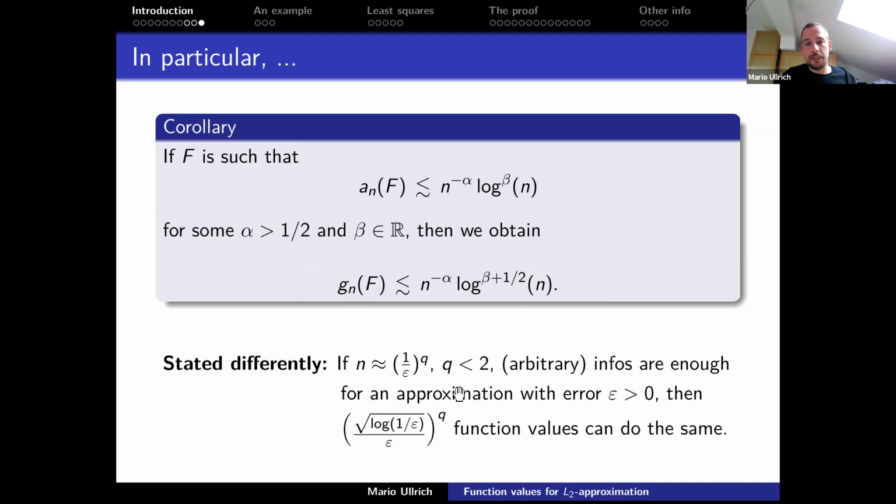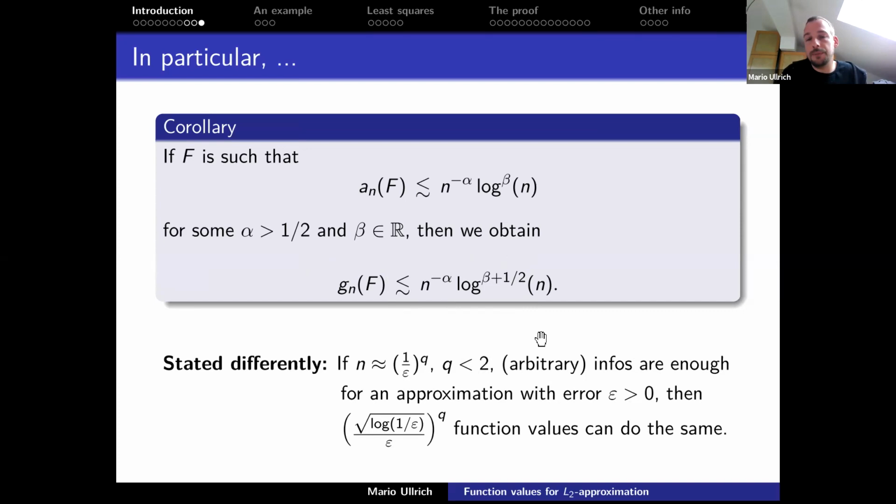Stated a little differently, if you have a problem and you know that 1/epsilon to the power q, for some q smaller than 2, arbitrary pieces of information are enough for an approximation with error epsilon, then you immediately know that square root of log 1/epsilon divided by epsilon to the q function values can do the same approximation.